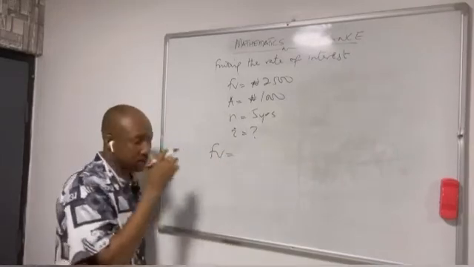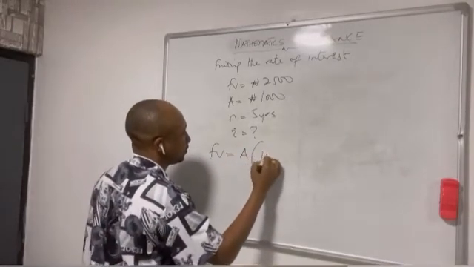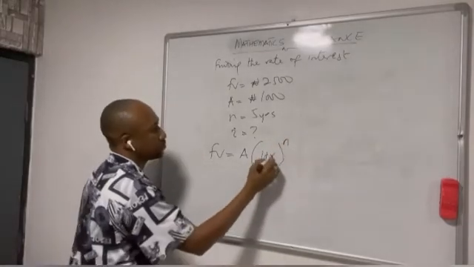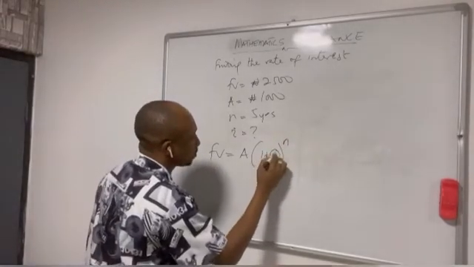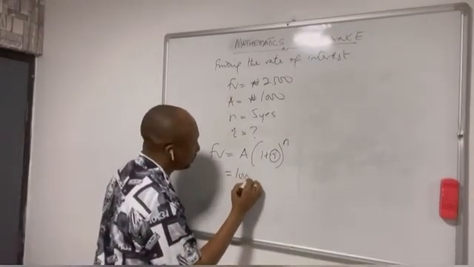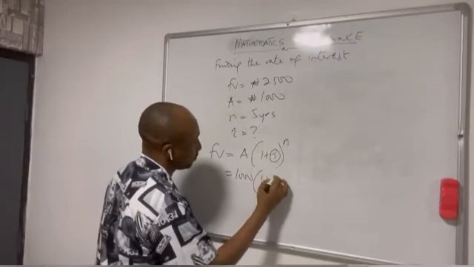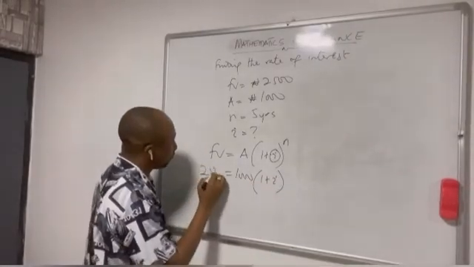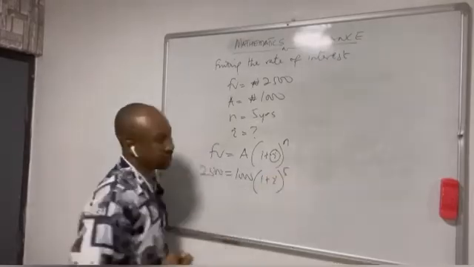The solution is to find the interest rate. At what interest rate will the amount you are investing today, 1,000 naira, become 2,500 in 5 years' time?